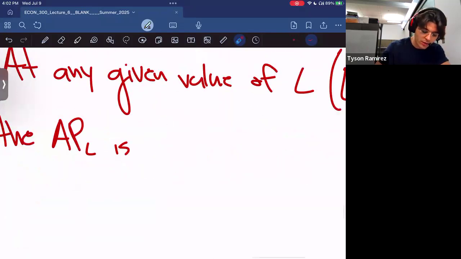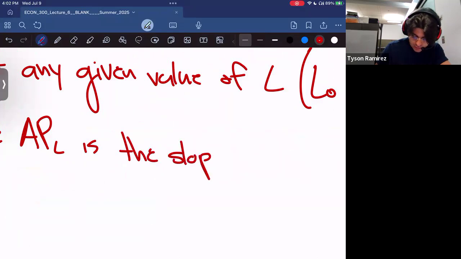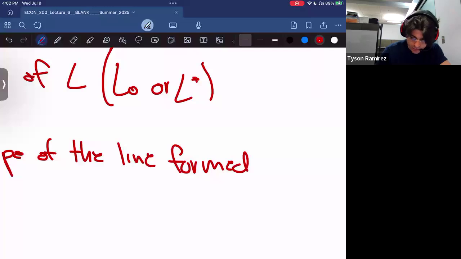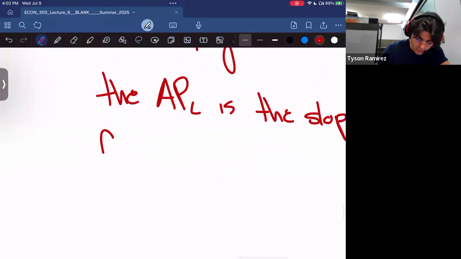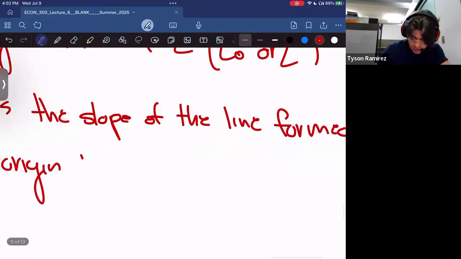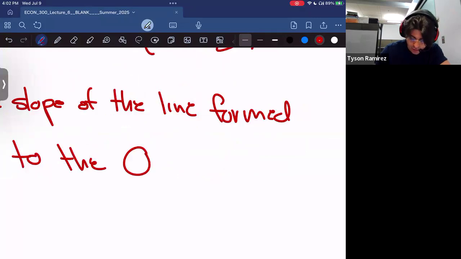So the average product of labor is the slope of the line formed from the origin to the value of the function, to the quantity, which is a function of L.